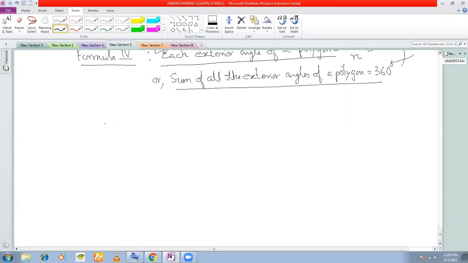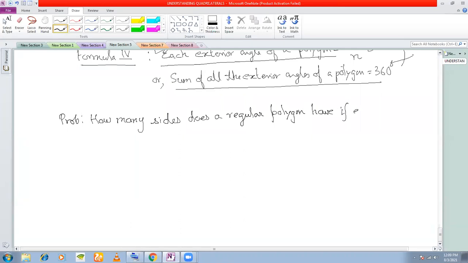Okay, look at this one. How many sides does a regular polygon have if each interior angle is 120 degrees?